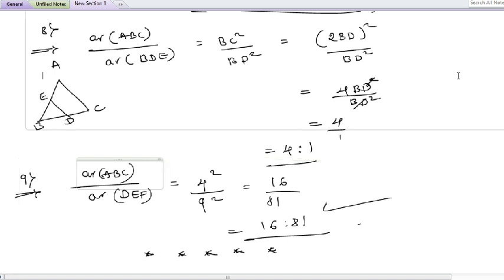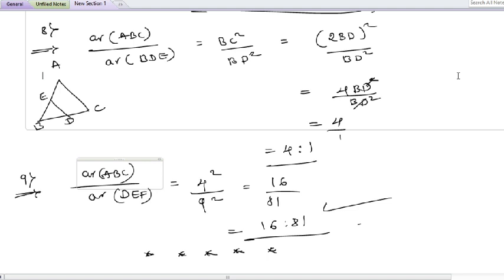In problem number 8, ABC and BDE are two equilateral triangles such that D is the midpoint of BC. Now, the ratio of the areas of the triangles ABC and BDE is, so we can write area of ABC divided by area of BDE is equal to BC square by BD square, all these are according to the theorem.